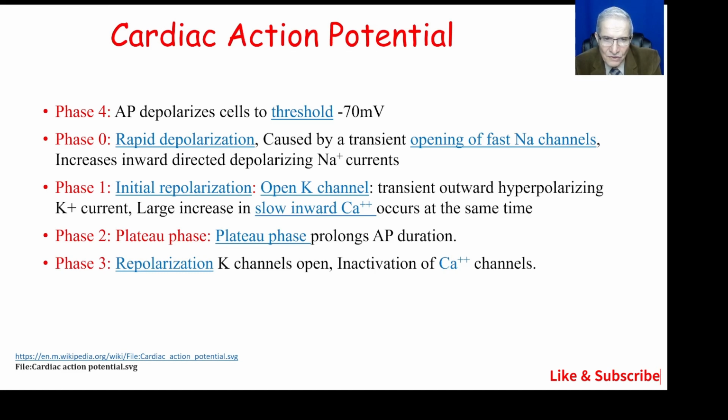Then phase 3 is associated with repolarization: potassium channels open, and on the other hand, the calcium channels are inactivated.